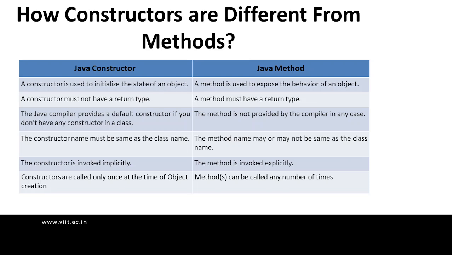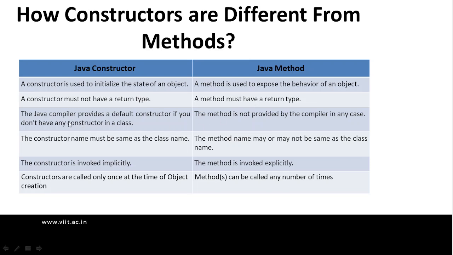So how are constructors different from methods? Java constructor is used to initialize the state of an object. Method is used to expose the behavior of an object. So this is the state of the object and this is the behavior of the object. A constructor must not have a return type, but a method must have one.